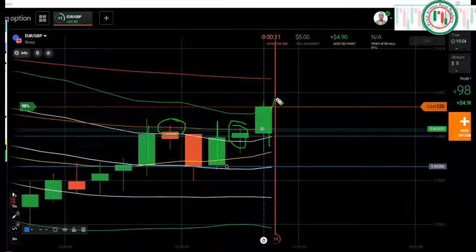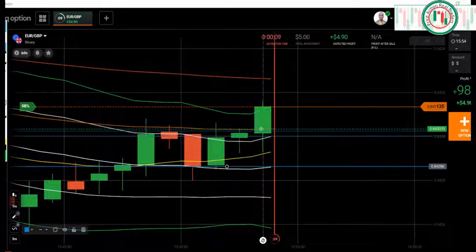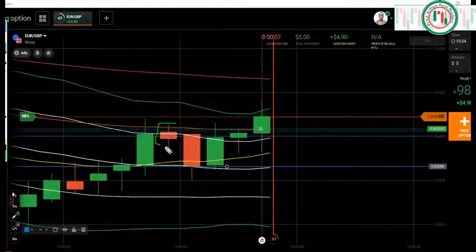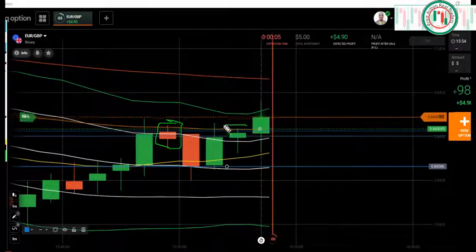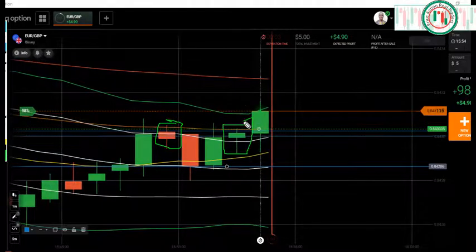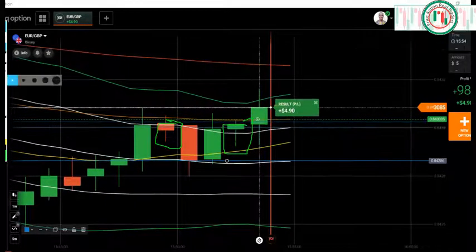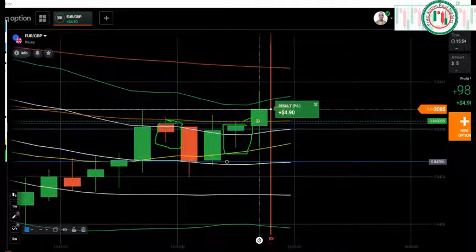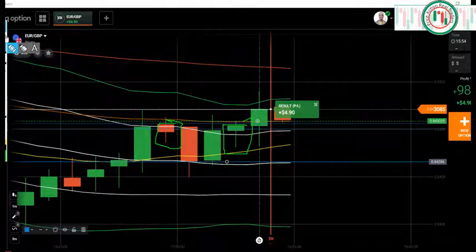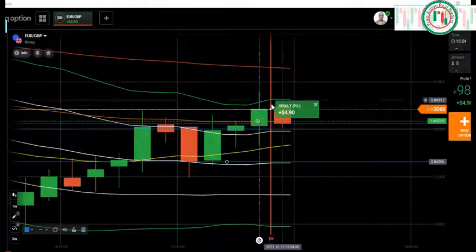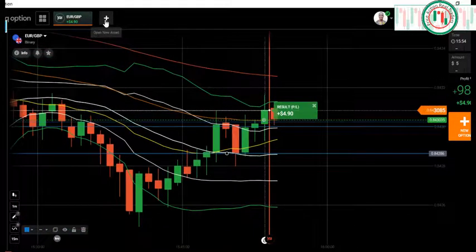So definitely buyers must enter. You see a spinning top, a red spinning top. Here you can see a green hanging man or spinning top, so that's why I know definitely buyers must enter. So that's why I place my trade call option at this level, and this is a winning trade.